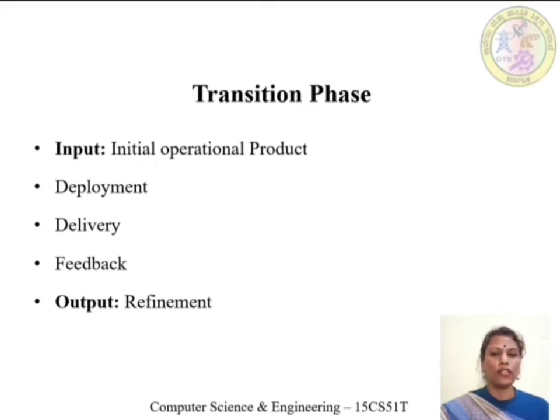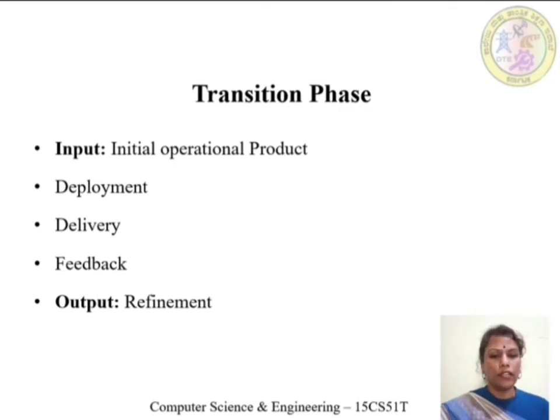That means whatever initial working product we get from the construction phase, we are going to install in the client environment. That is called deployment. After installing the product in a client's environment, that product is officially called delivered.